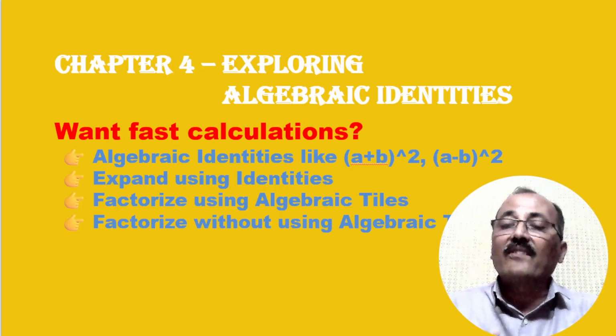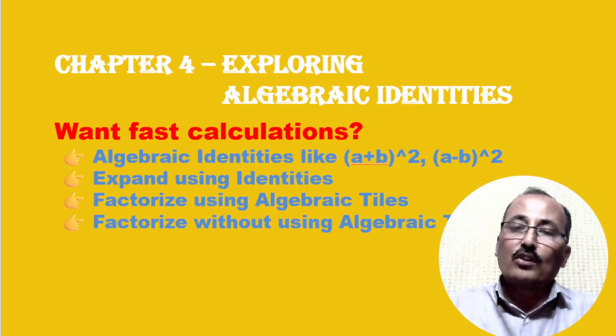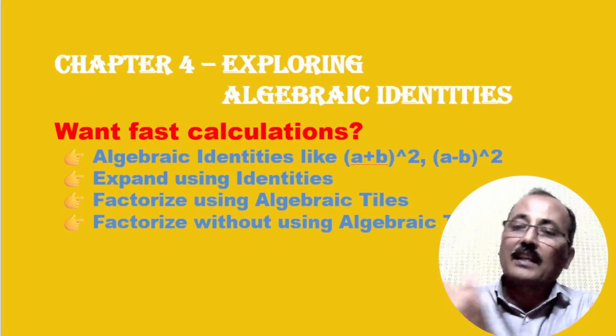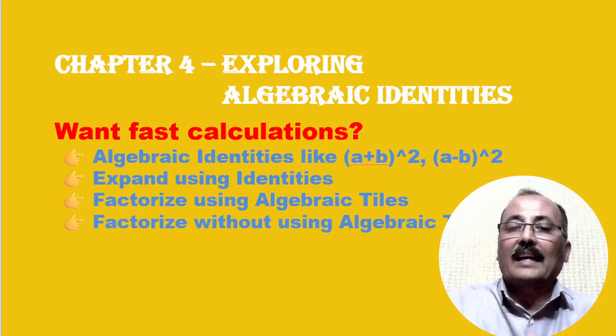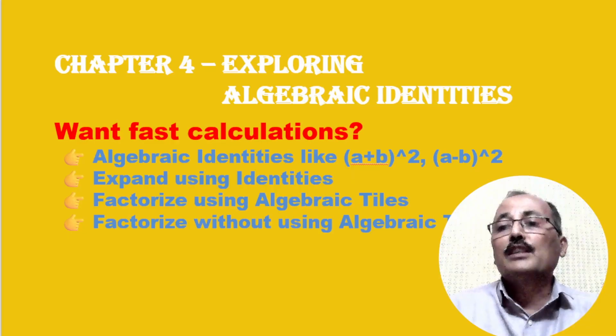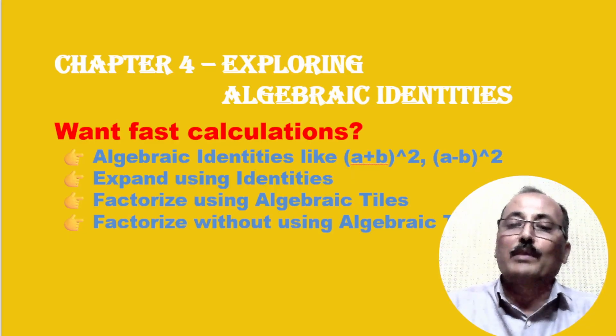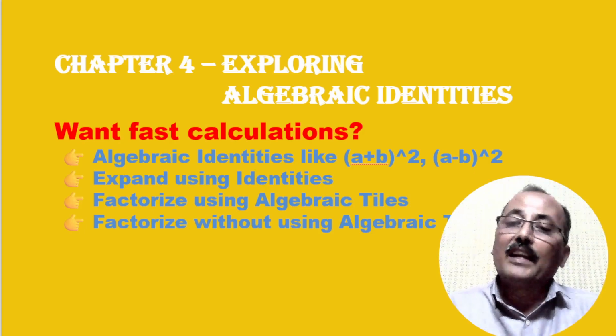Next, factorizing. Factorization means the reverse process of algebraic expansion. If you use algebraic identities and expand, we can reverse it and say factorization. Find out the question like that. Factorize without using algebraic tiles and with using algebraic tiles, both concepts were introduced now.